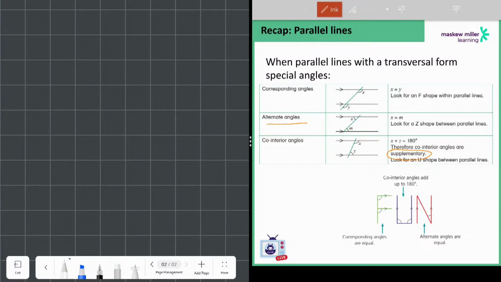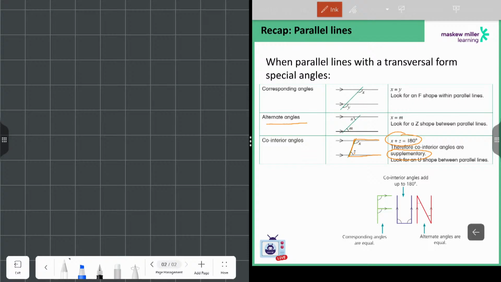Anyhow, that is what determines the co-interior angle. As well, you need the parallel lines and the transversal line like that. So if you add X and Y, you must get 180 degrees.